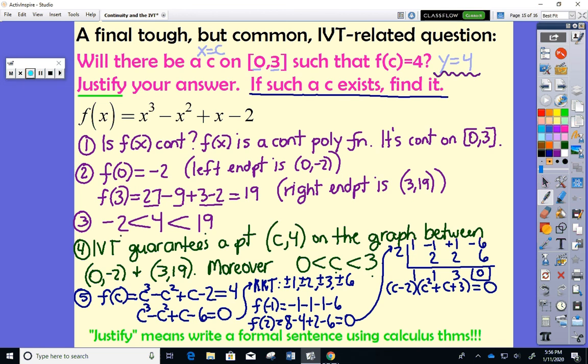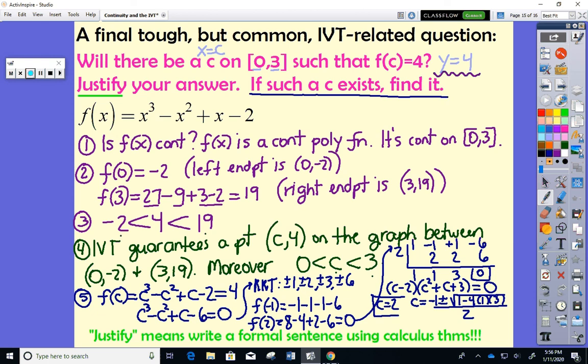I can't factor it, so c equals negative b plus or minus the square root of b squared minus 4ac, all over 2a. That's going to give me under the radical 1 minus 12. So my other roots are non-real. So the only significant root I have is c equals 2.